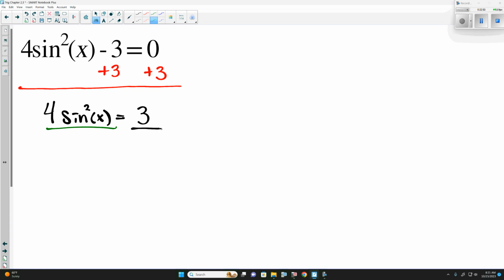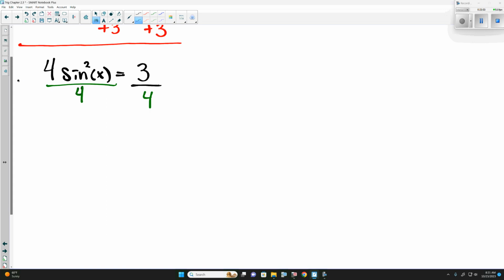Almost. I mean, we can, but I would divide by 4 first. Because it would work here, it would actually kind of work out nicely, mainly because the 4 in front of sine and sine squared would simplify nicely. But it'd be better to get sine by itself first before we square root. Square root both sides.